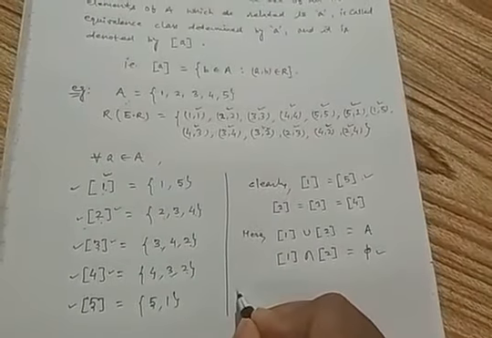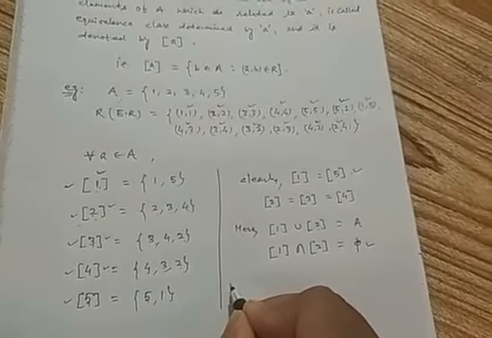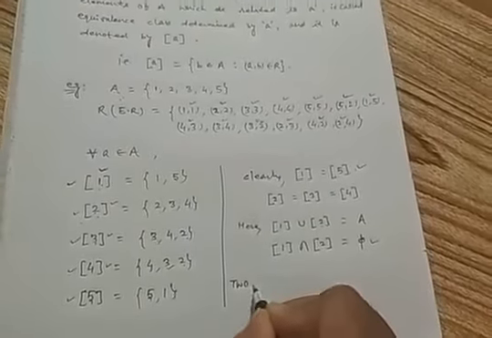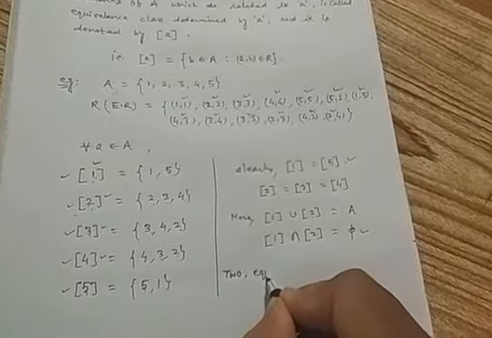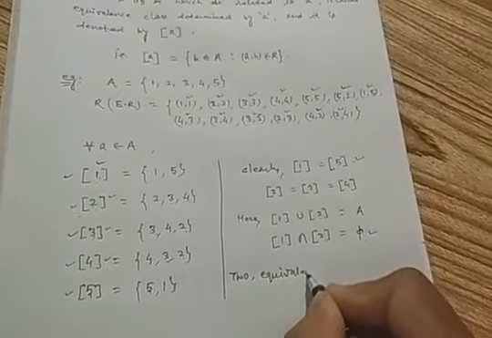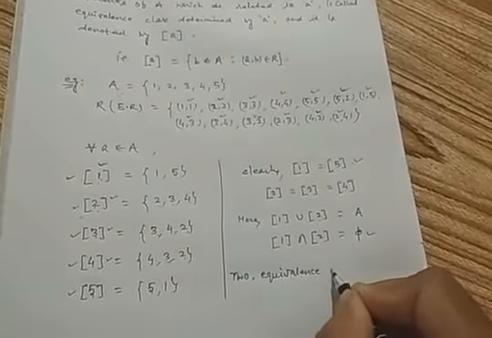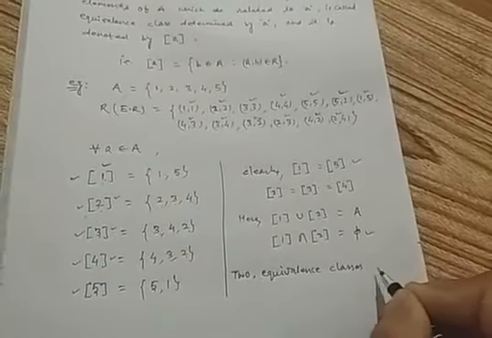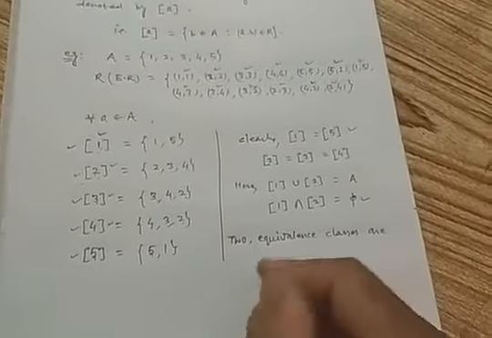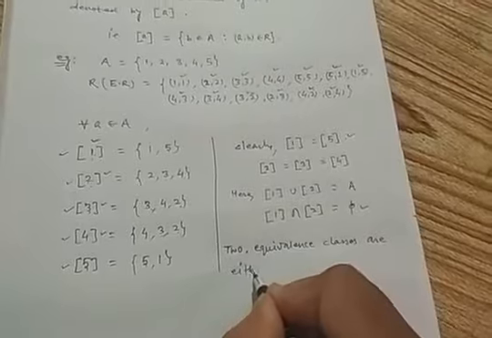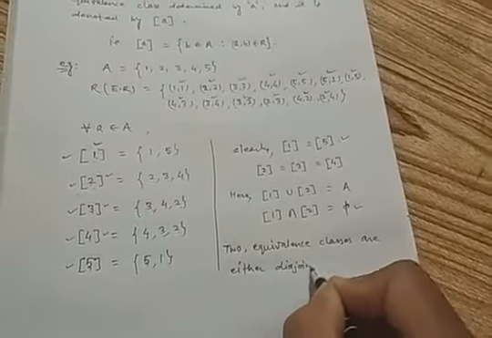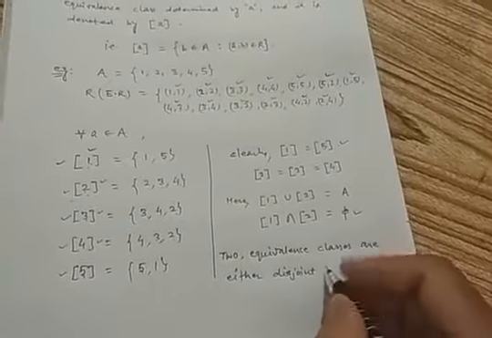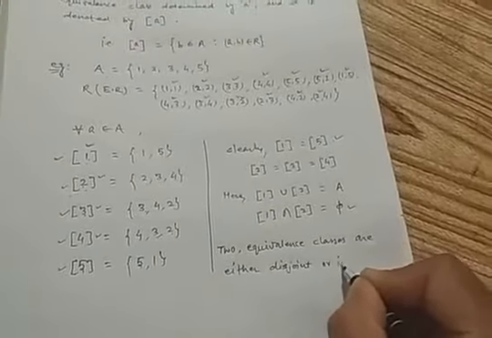Therefore, two equivalence classes are either disjoint or identical.